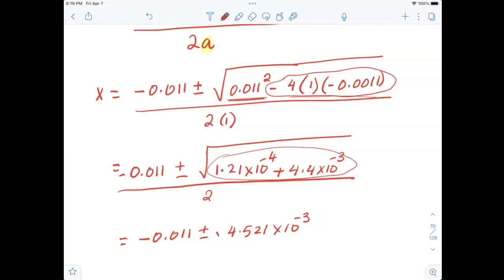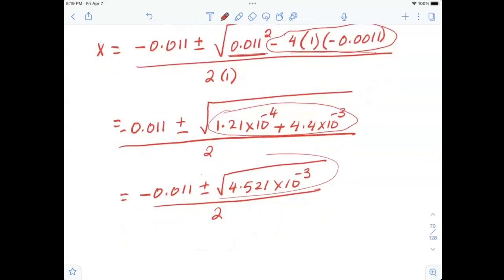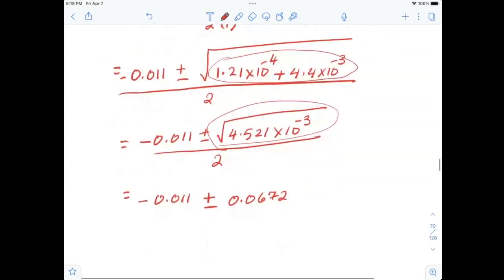Oops. Square root is here over 2. Okay? So while I'm here, I'm going to resolve this part, get the square root of that so I can have a number. Square root of my answer gives me plus or minus 0.0672, negative 0.011 over 2.